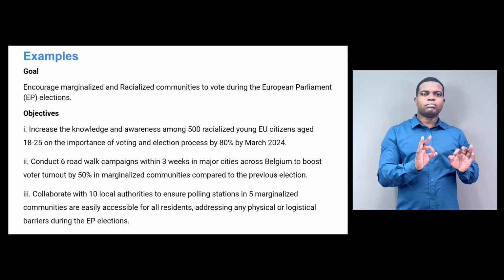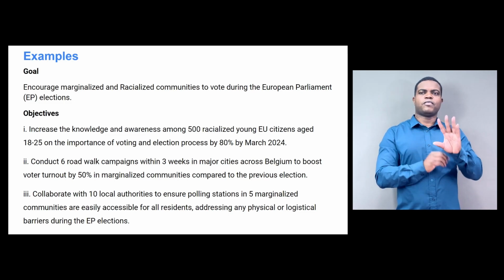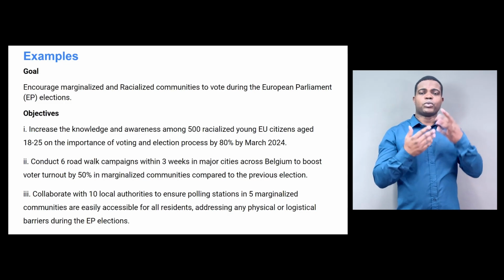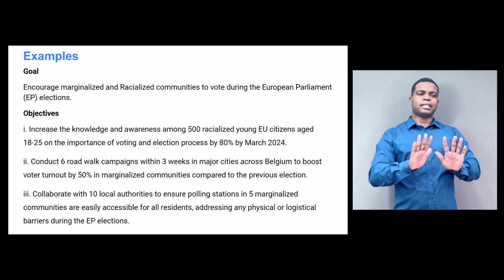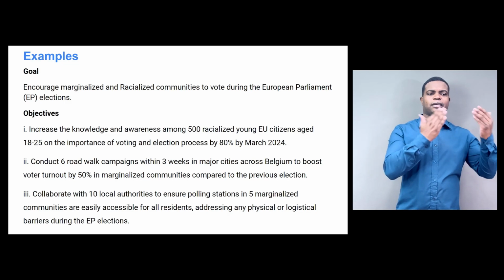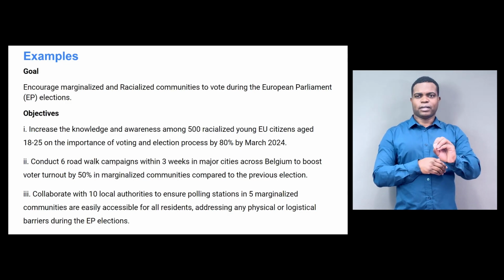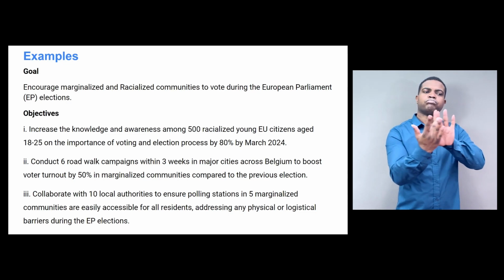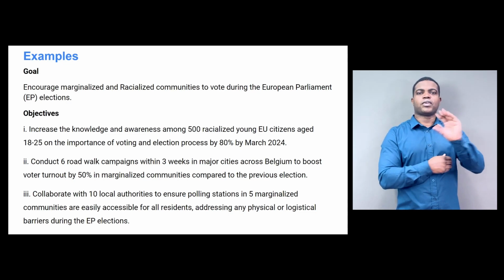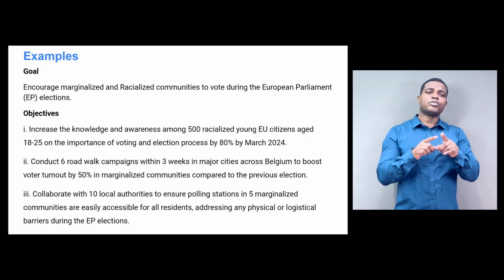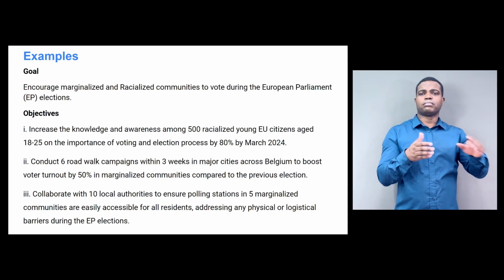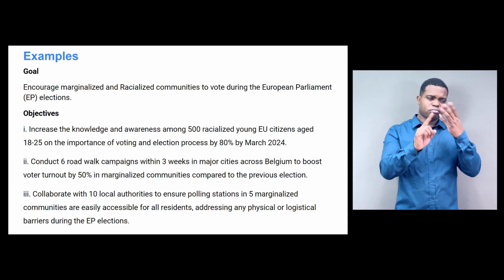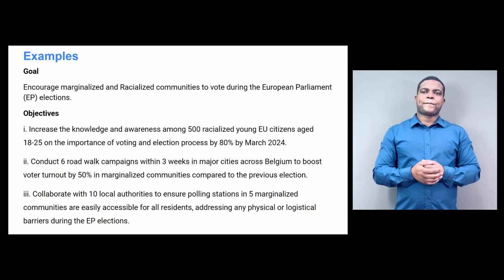If you are looking at working with 50 young EU citizens per week, you can decide to make it 10 per day. So looking at how you are breaking it down, it is actually achievable. So within 3 months, you can reach out to 500 racialized youth. You can decide to break it into weeks, into months, or into days. So looking at this, it looks achievable.